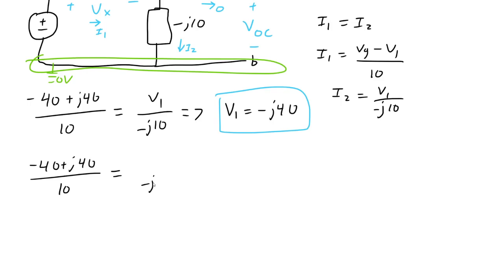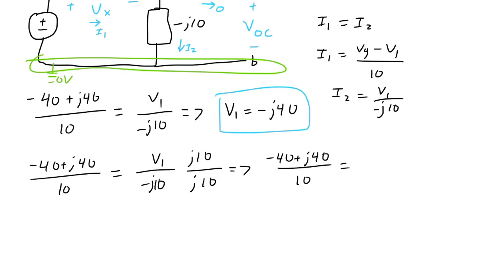So this is minus j10, and then V1, I'm going to multiply this by its complex conjugate. So that's going to become minus 40 plus j40 over 10 equals V1 times j10 divided by j minus j times j.